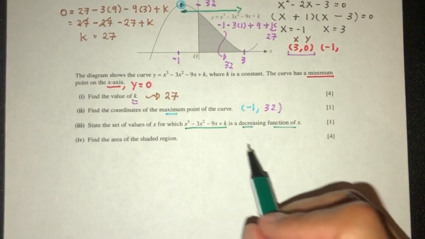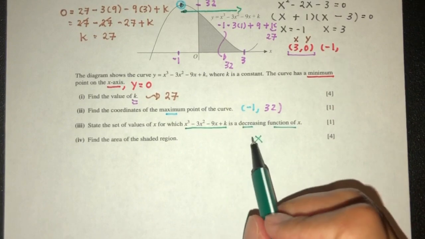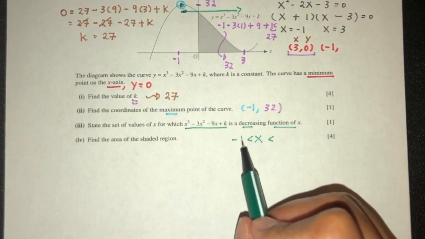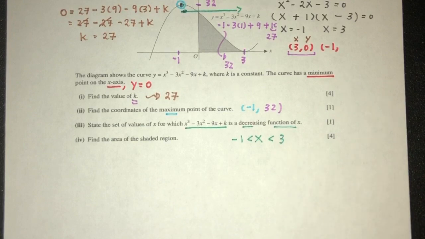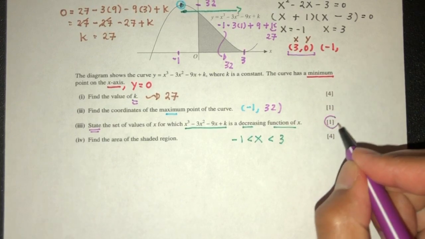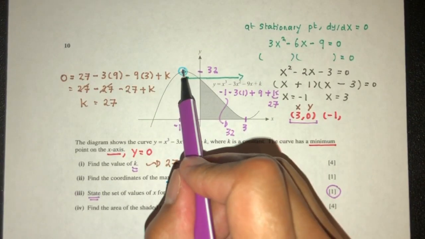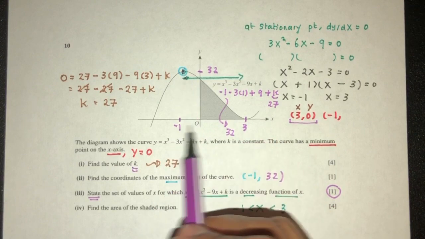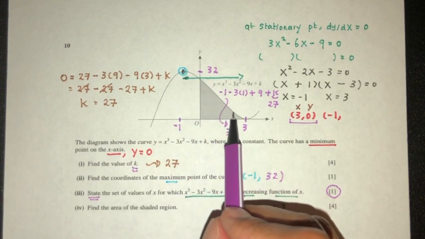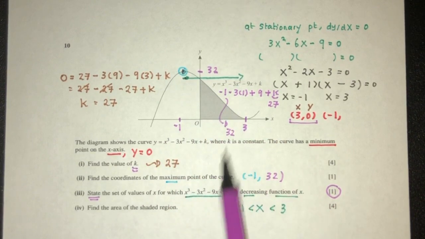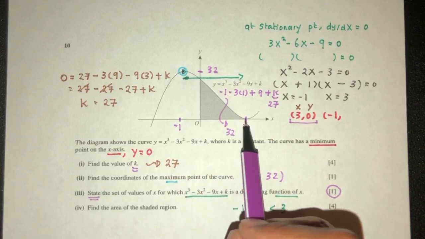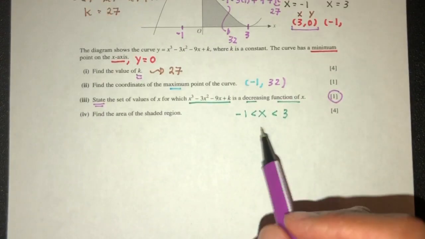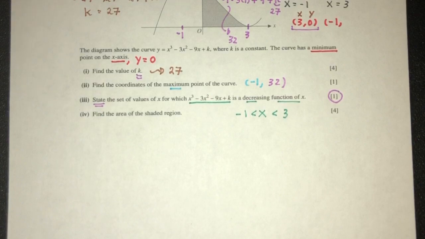So you can say for the values of x between minus 1 and 3, it is a decreasing function. Again, it is only state, which means it should be pretty easy. It is only 1 mark. So by observation, you can see from this point on, as we go on with x, the value keeps going down, or the slope is going down, which means it is decreasing until 3, and then it goes back up. So these are the set of values of x for which it is decreasing.